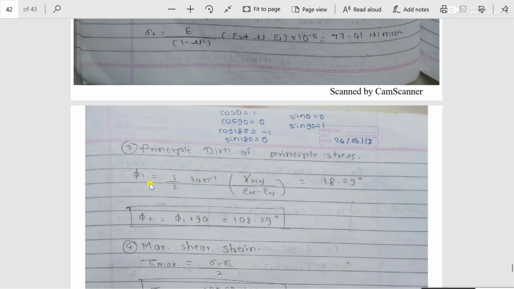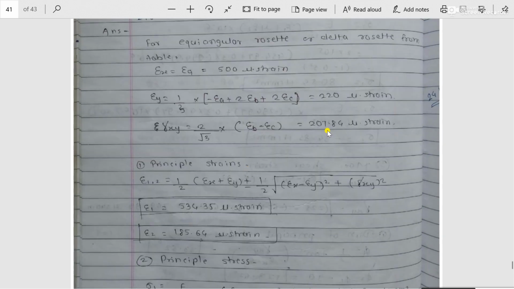To calculate phi 1, a separate formula is available, that is 1/2 into tan inverse of gamma xy divided by epsilon x minus epsilon y. So 1 by 2 into tan inverse, this is the constant parameter. In this equation we have to put the value of gamma xy, which we have calculated here, that is 207.84.